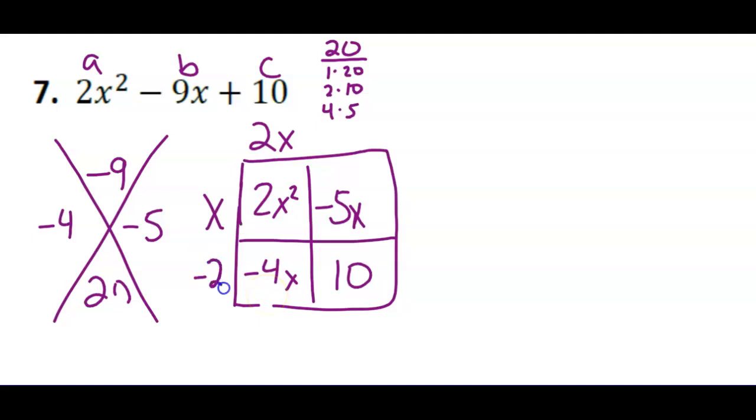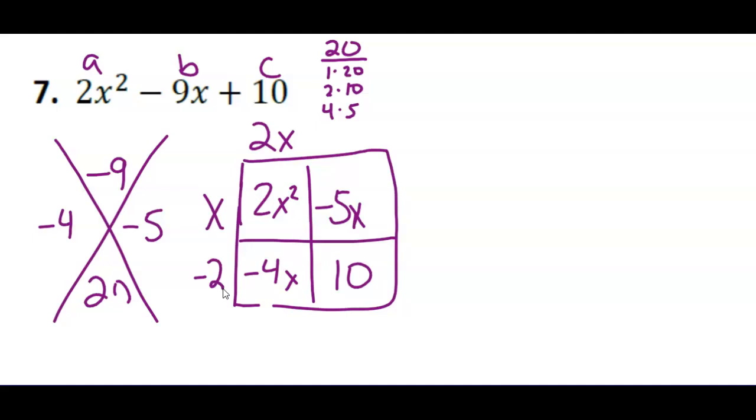Well, it would be -2. And then -2 times what would give me a positive 10? Let's see, -5.